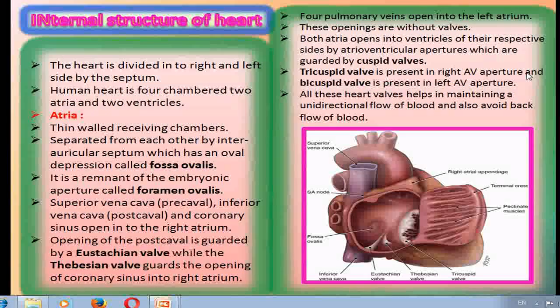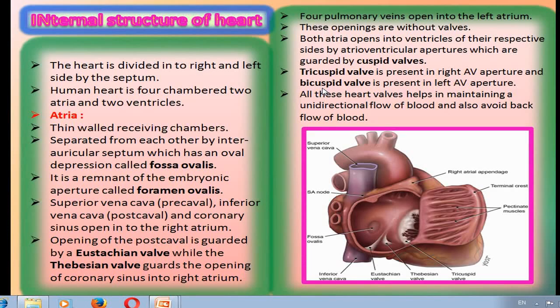It consists of three flaps or cusps, hence it is called the tricuspid valve. It prevents the backflow of blood from the right ventricle to the right atrium.